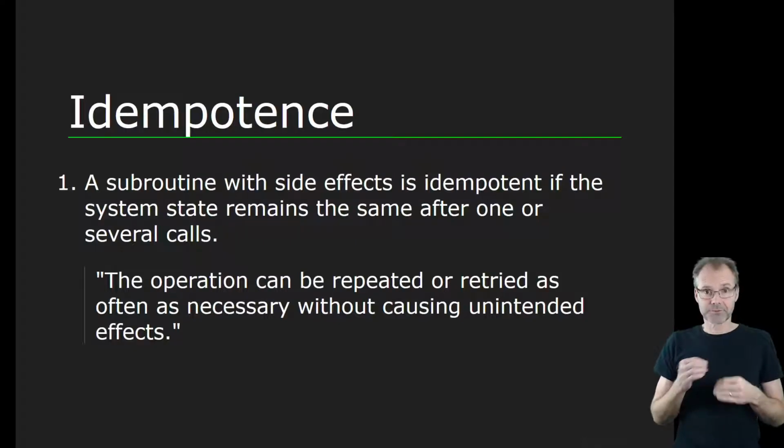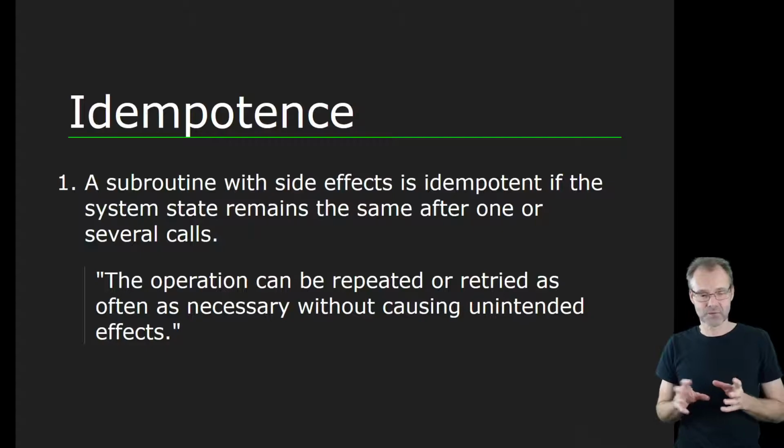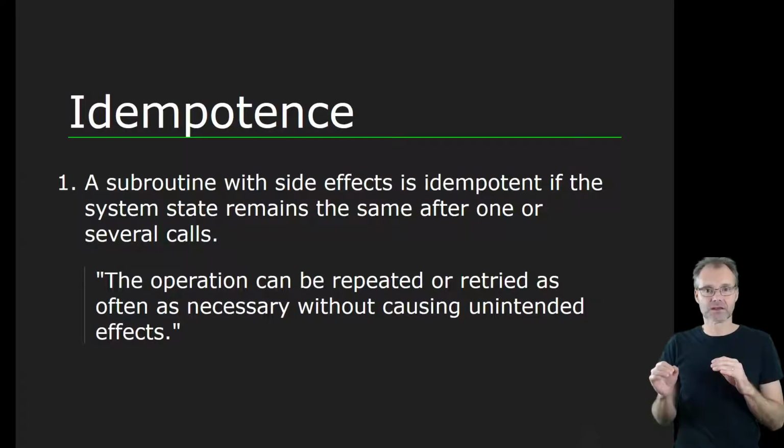Another term, still on this with side effects, is idempotence. And let's say that a function with side effects is considered to be idempotent if it changes some side effect once, but the next time I call it, it doesn't change the side effect anything more.